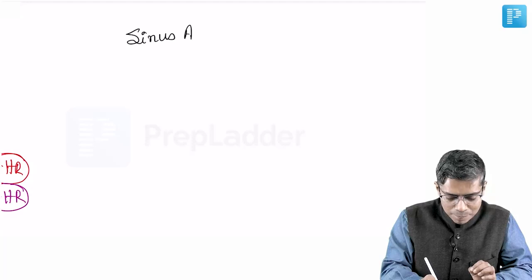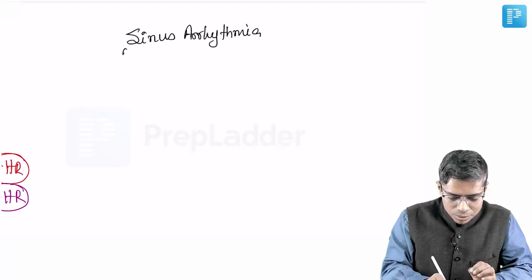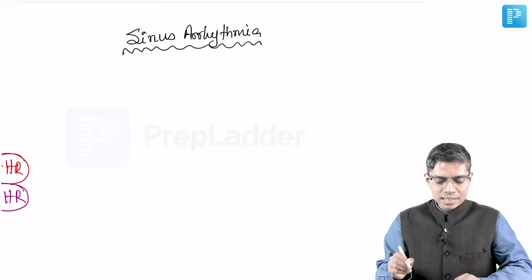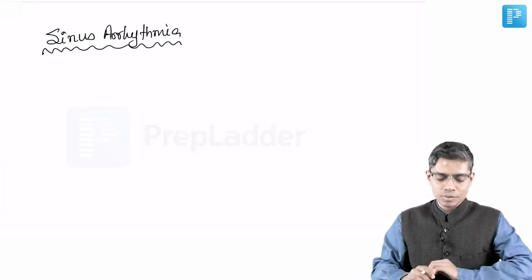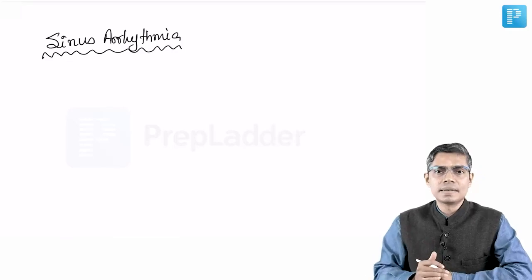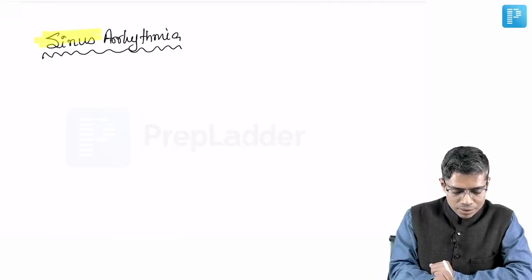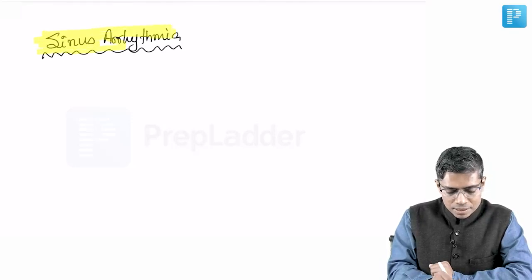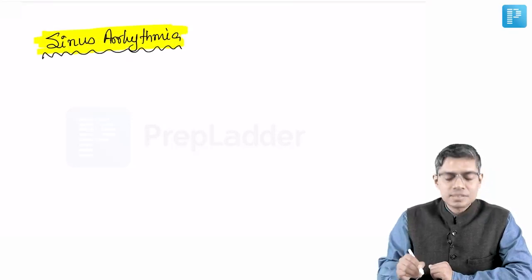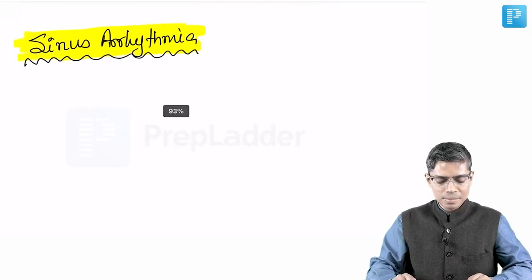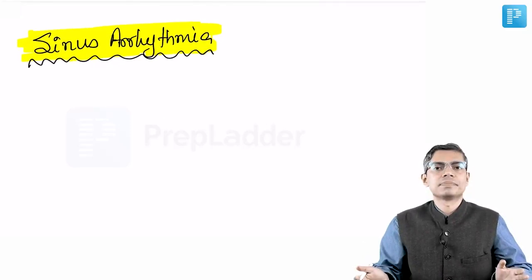All these are applied things. Sinus arrhythmia is obviously a physiological condition. Although this is arrhythmia, there is change in heart rate, this heart rate change is originating from the SA node. That's why this is a completely physiological phenomenon: change of heart rate with respiration is known as sinus arrhythmia.